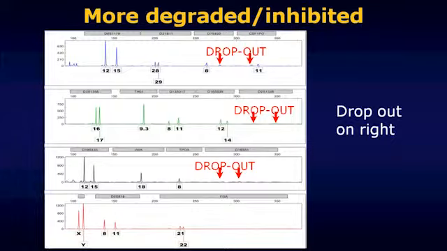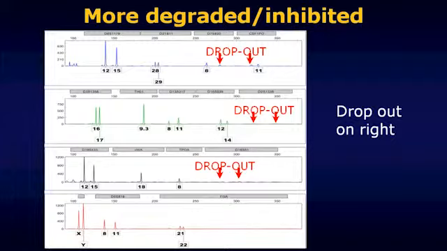But we've lost here 6 different alleles that we know are actually present in the sample, right? The sample hasn't really changed that much. The source of the sample is the same. What's happened is that this sample now has become more degraded, more inhibited than what we had seen before. We're getting a less complete look, and that less complete look is manifesting itself here by having some alleles not showing up, not being labeled, even though they had been in that underlying sample.